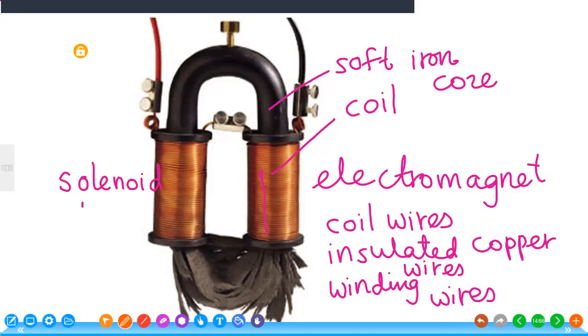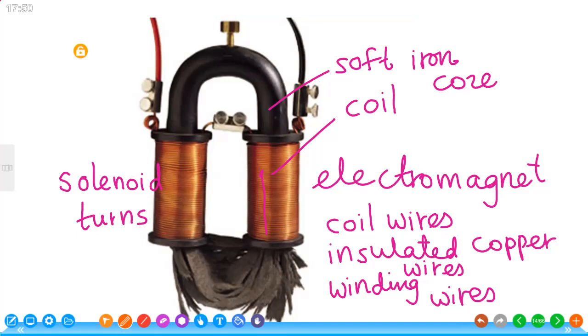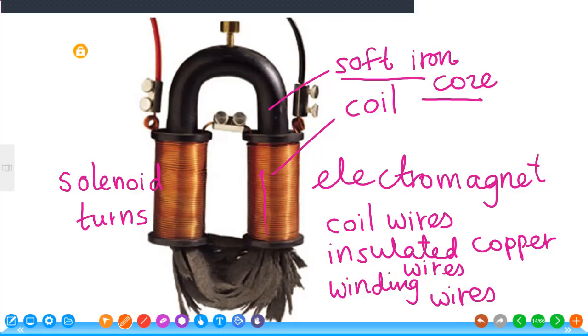So, by increasing the number of turns, we can increase the strength of the electromagnet. The second one is the cross-sectional area of the soft iron core. Right? If you use a small soft iron rod in the middle, the magnetism created is less.